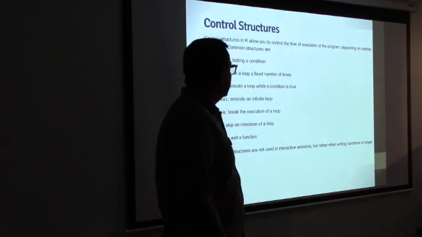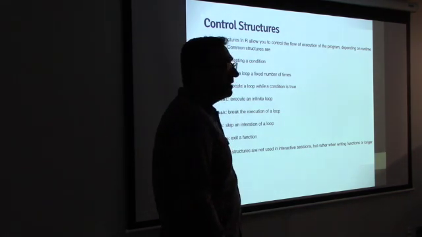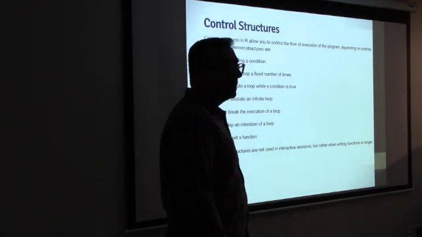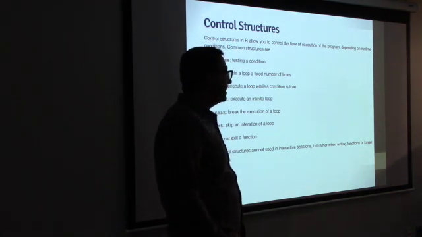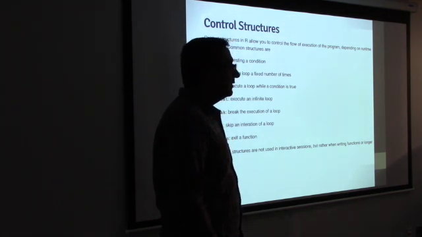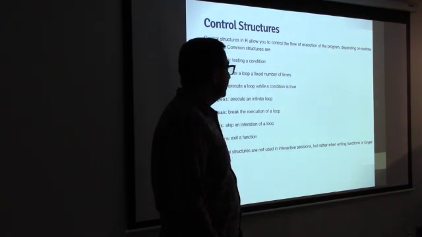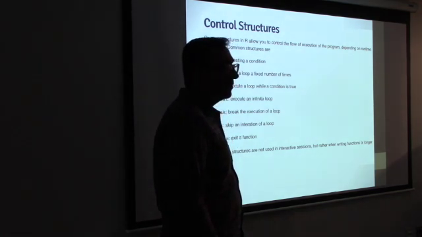You have the for loop that can run for a fixed number of times. Supposing you have a bunch of lines of code that you want to execute multiple times, and you know a priori how many times you want them run. You can say for a variable until it reaches a certain number, let's say 100, keep running this loop. The number goes from 1 to 100, and your loop runs 100 times.